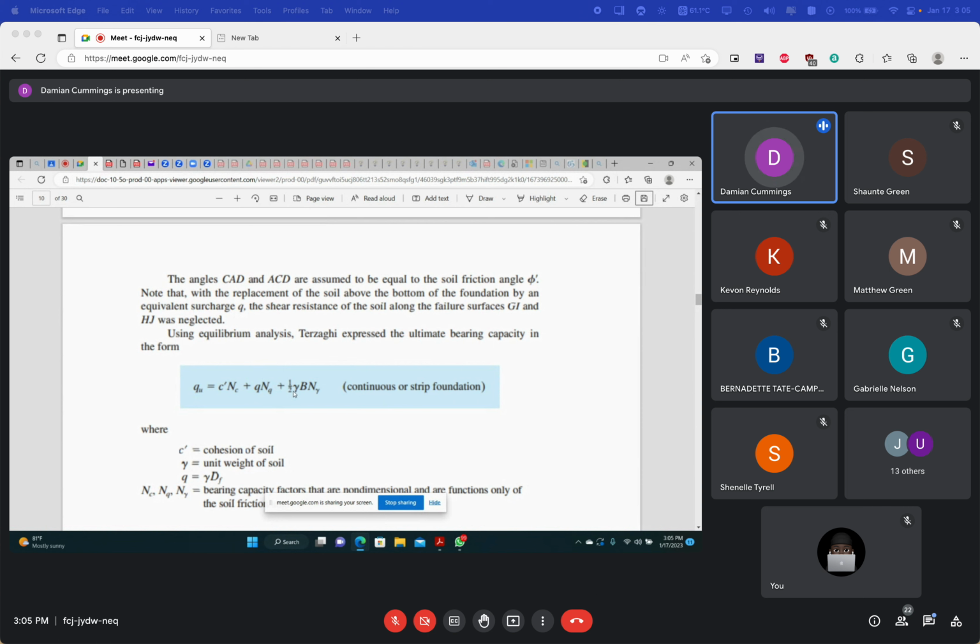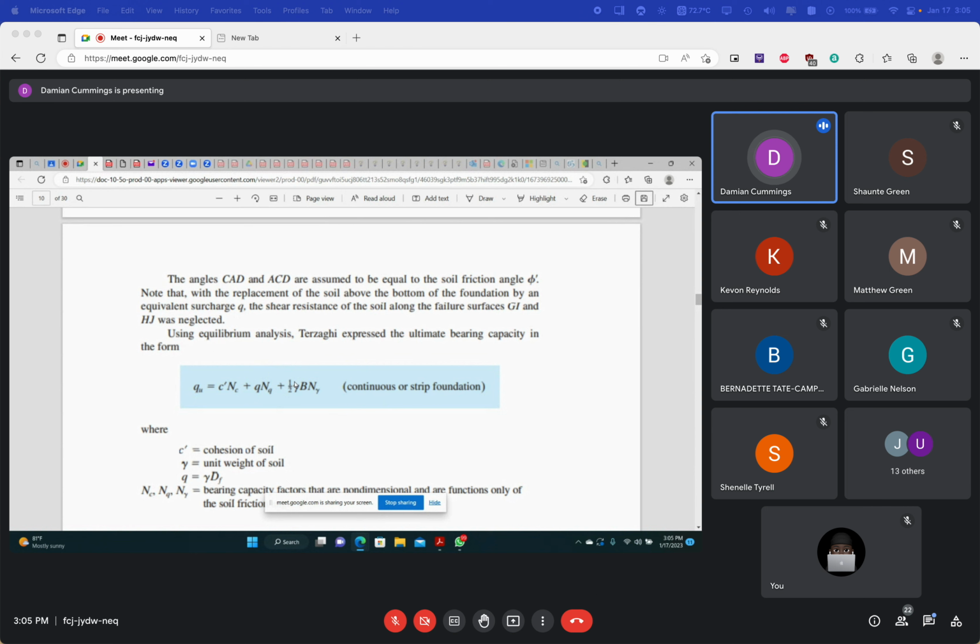Then we have half gamma, which is the soil's unit weight, times B, which is the breadth of the foundation, times N gamma, which is our bearing capacity factor with respect to the soil's unit weight, and also a function of the soil's angle of friction.